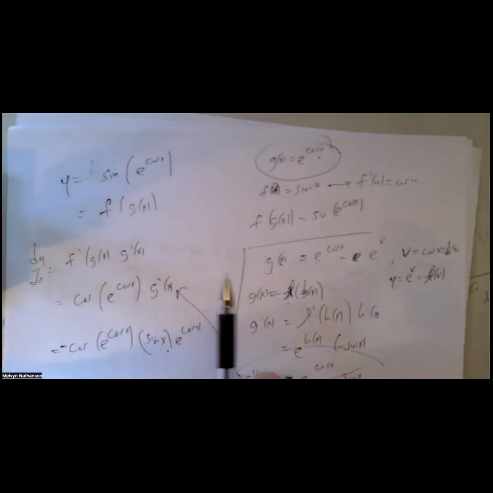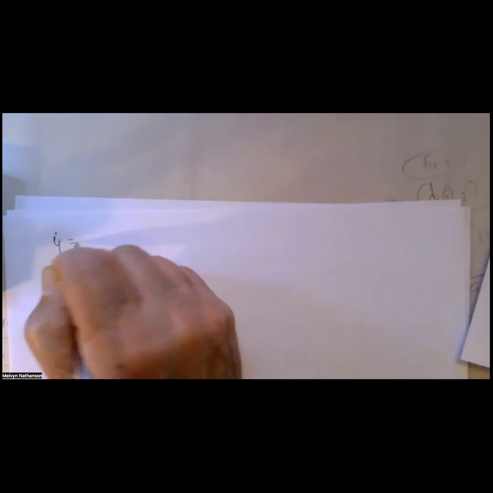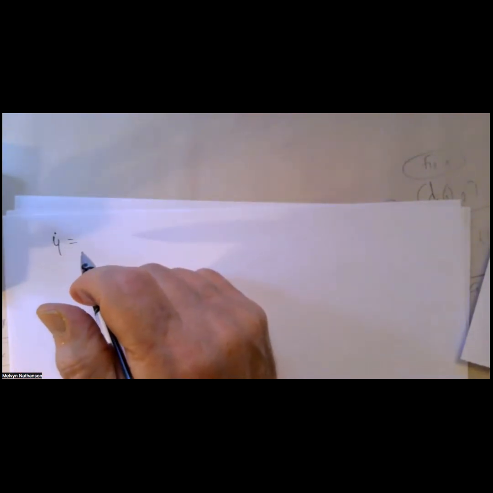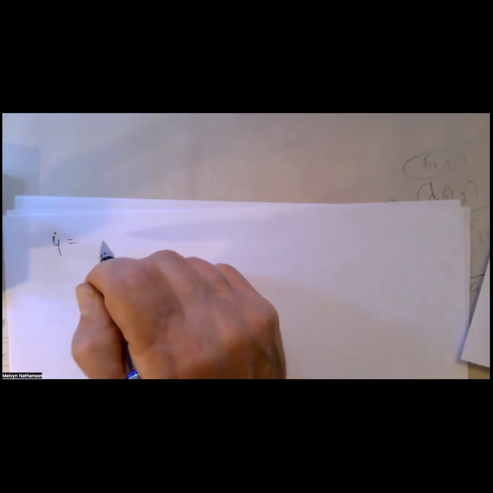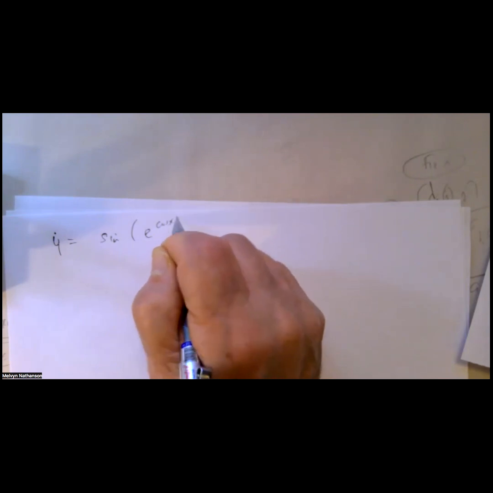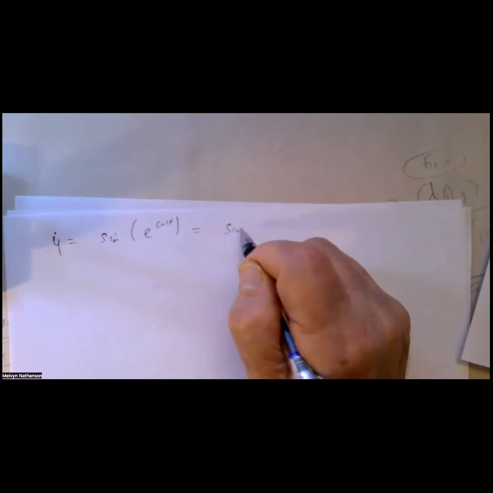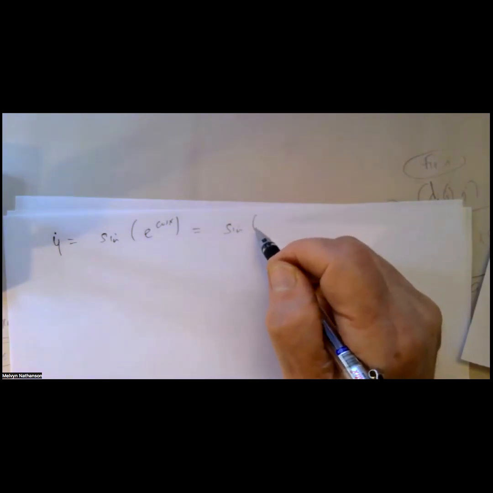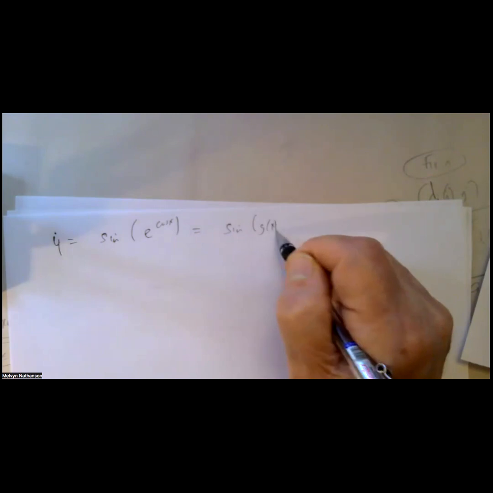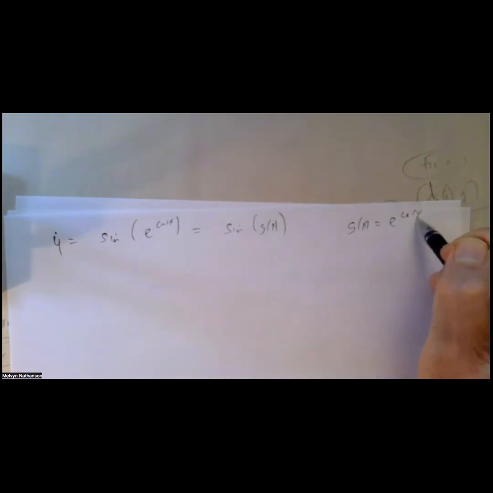Let's see. Let me do this again because I want to do this correctly. So I have the function y equals the sine of e to the cosine of x. I can think of this as the sine of g of x, where g of x is e to the cosine of x.